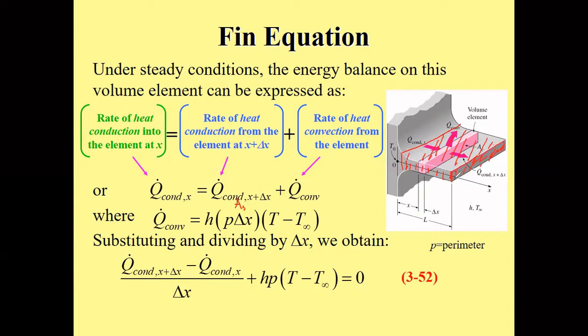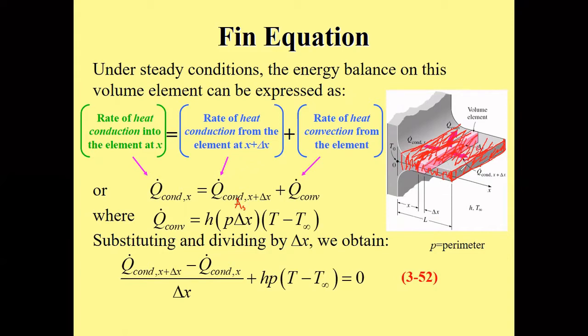As x increases and approaches the total length of the fin, the area is changing. For example, at this point the surface is only here, so you take the area as the perimeter times the length x. When you increase to here, all of this becomes the area for the fin.